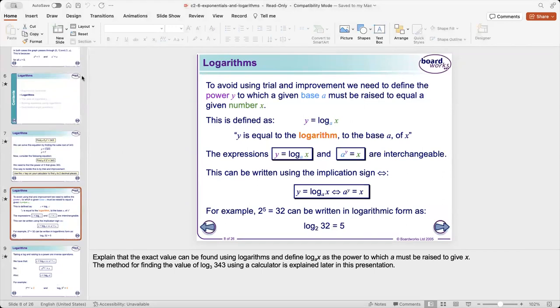Another thing that we must consider is this. This is defined as: y is equal to the logarithm to the base a of x.